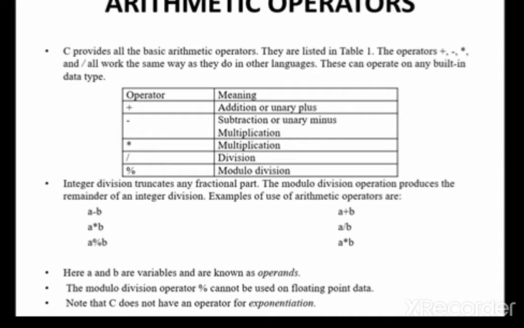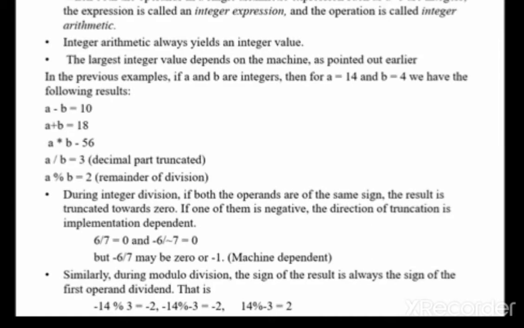Next we will see integer arithmetic. When both the operands in a single arithmetic expression such as A plus B or A into B into C are integers, the expression is called an integer expression. All variables should be integer, then the expression is called an integer expression and the operation is called integer arithmetic.